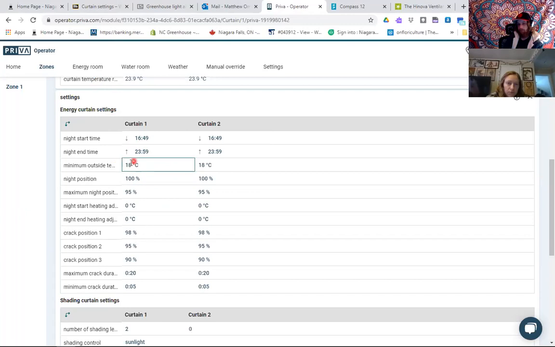So anything below this, the curtains will close. Night position is 100%. If you want to leave a gap, you can allow for air exchange from above the curtain to below the curtain, but usually you'll have that set to 100%.